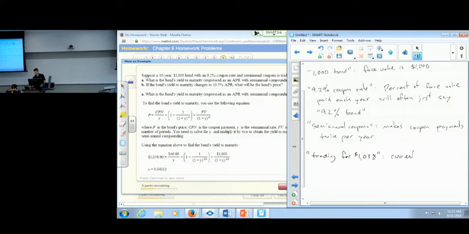And that's telling us the current price. No real mystery there.